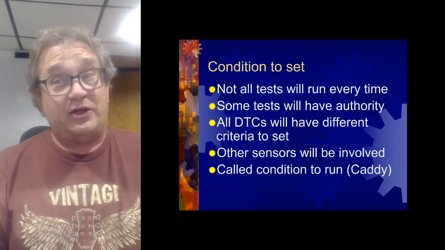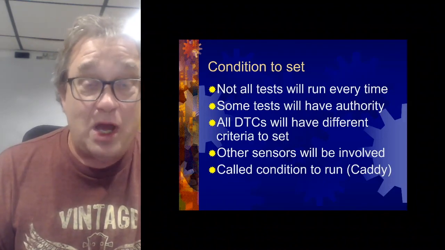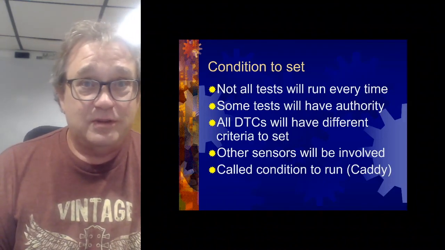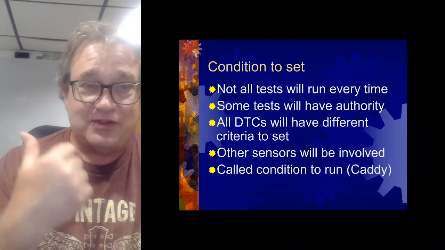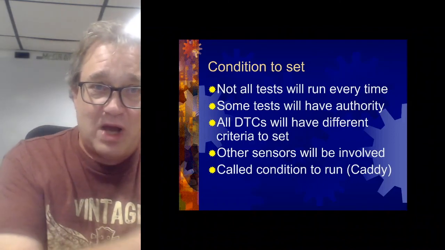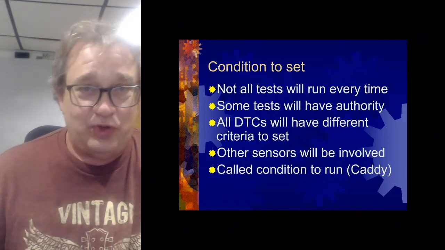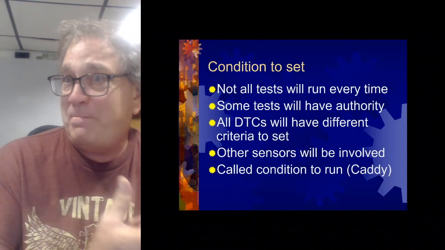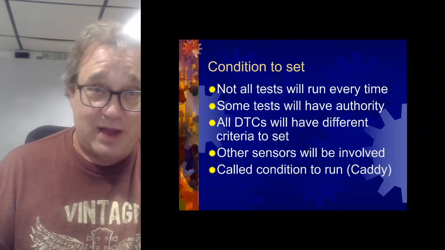Well, because now it had a good one to go test the cat, and you screwed up. Get it? When you do this, you should go check and see what monitors haven't run, so you can make sure they run before the car leaves, so you know there isn't a blocking code happening.